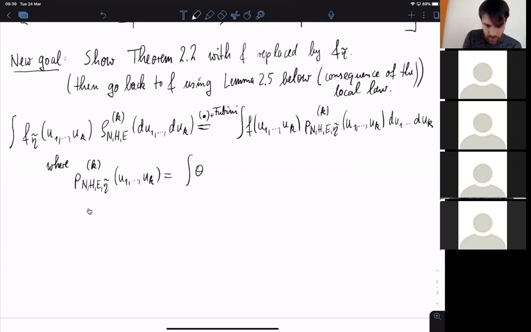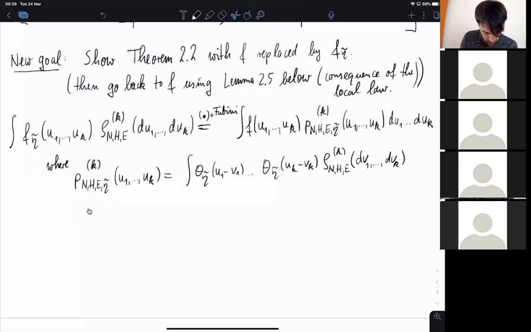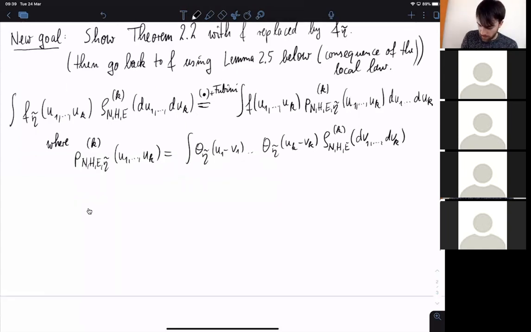So it's theta eta tilde (u1 minus v1), and then theta eta tilde (uk minus vk), and then we have the local k-point intensity measure, dv1 to dvk. Maybe I should have chosen other names, but let's leave it like this.